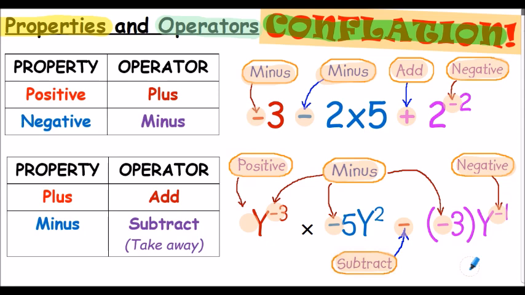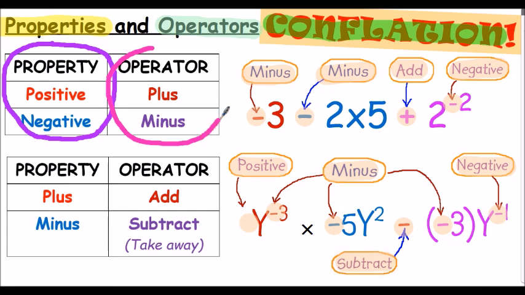So the point I'm trying to make here is that conflation can occur within calculations, and unfortunately I do often conflate my properties and my operators. So I'm going to apologize for that. Obviously we should be very consistent within our terminology used in the calculations. So we really should be using properties denoted as positive and negative, and operators, for example, the plus and the minus.